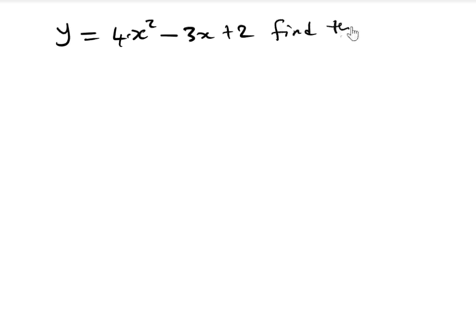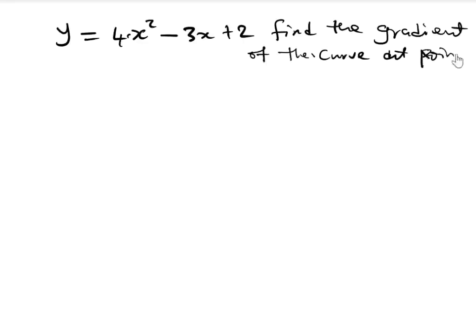Consider this example. y is equal to 4x squared minus 3x plus 2. And the question is, find the gradient of the curve at point x equal to 2.